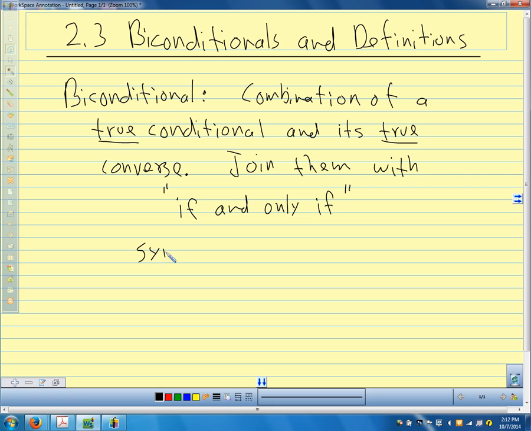In symbols, we write a double arrow, or sometimes you'll see it as an arrow like this, and we read this P if and only if Q. Just like we said before, for our opener we could say today is Tuesday if and only if tomorrow is Wednesday.